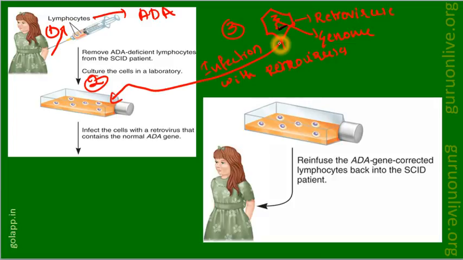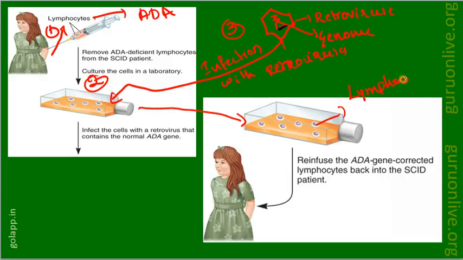So after the infection, these retroviruses transfer that ADA gene into lymphocytes. So now this is the lymphocytes infected with the retroviruses carrying the ADA gene. Now these lymphocytes are corrected with the normal ADA gene.